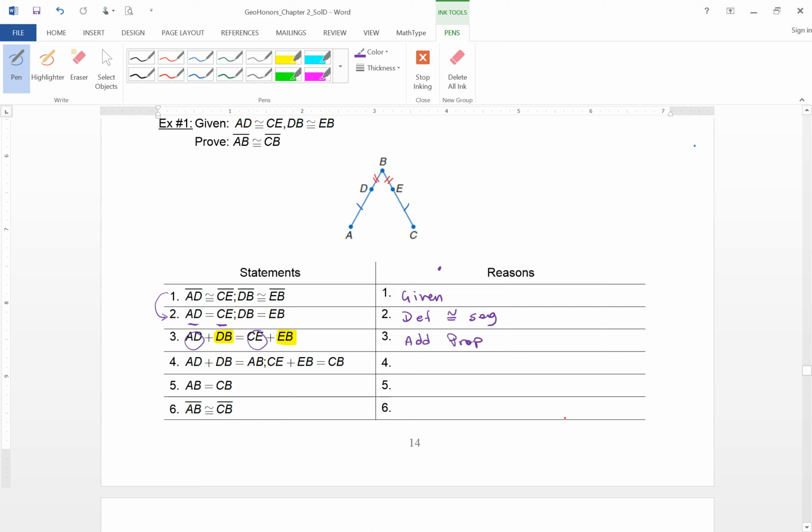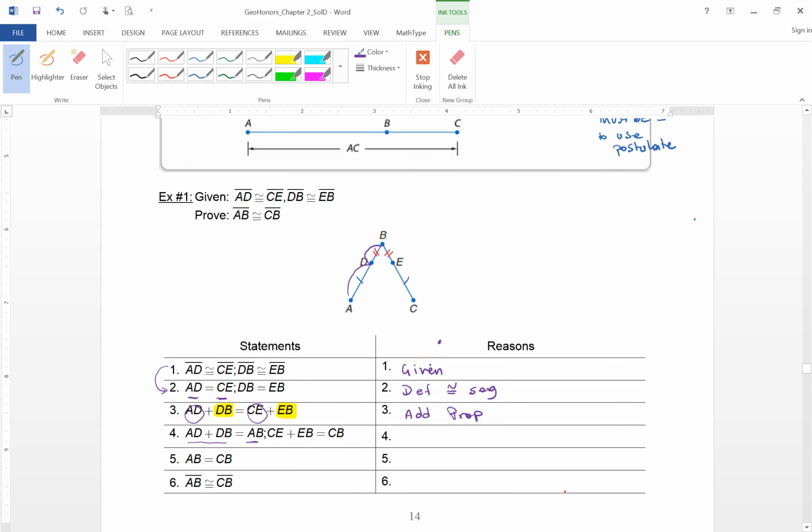Okay? Now, look at what I'm saying here. AD plus DB equals AB. Look here. AD plus DB equals the entire segment. What theorem, postulate, or property is that? Segment addition property.